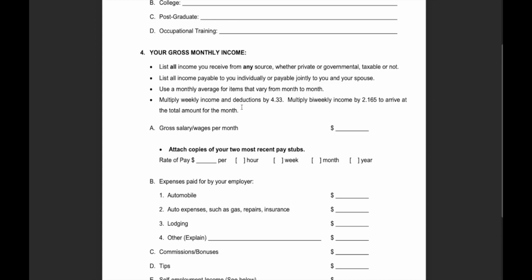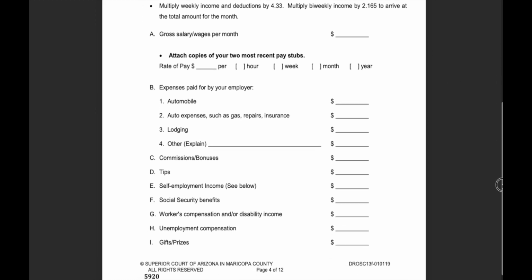Multiply weekly income and deductions by 4.33. Multiply biweekly income by 2.165 to arrive at the total amount of the month. So gross salary wages. You can either put your hourly, weekly, or monthly wage, and then use the math above to determine how you're going to calculate your wages.